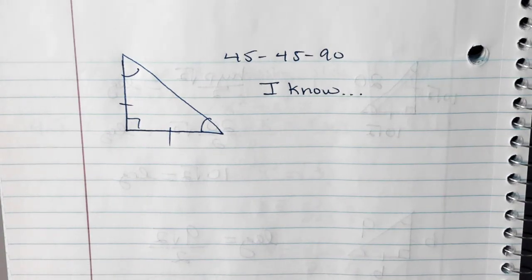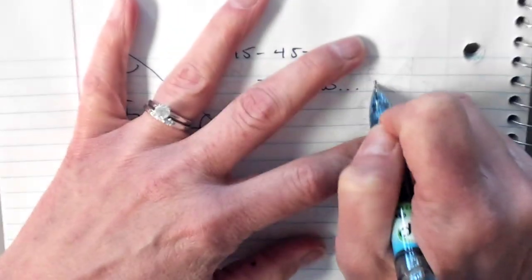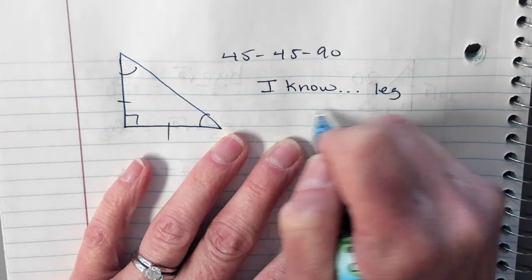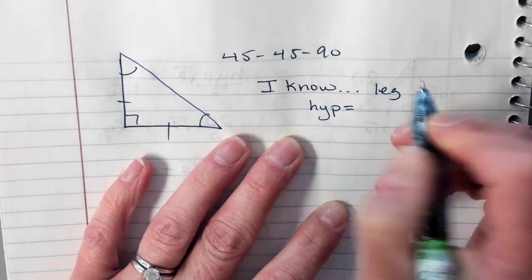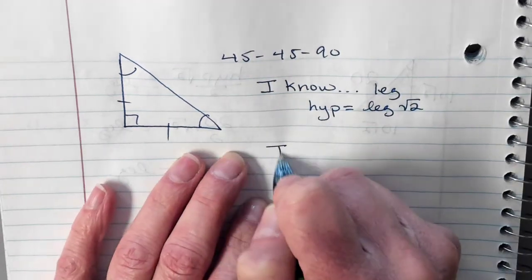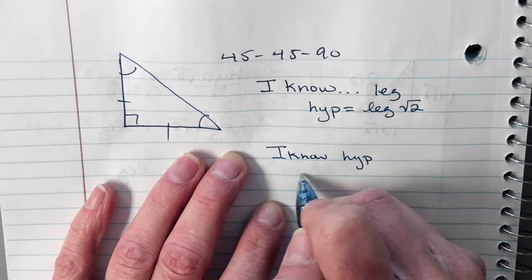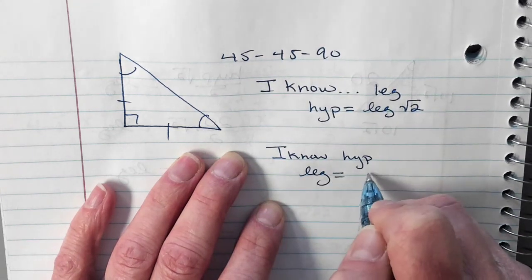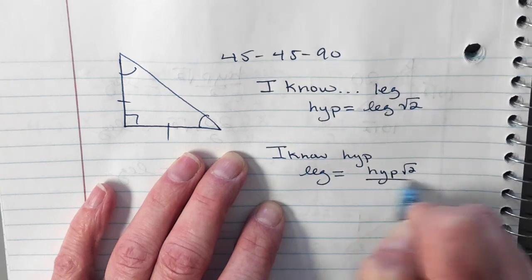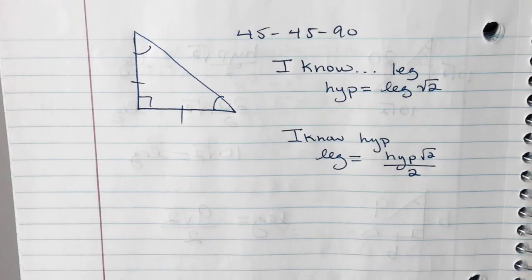If I know the leg, my hypotenuse is leg root 2. If I know my hypotenuse, then the leg is hypotenuse root 2 over 2.